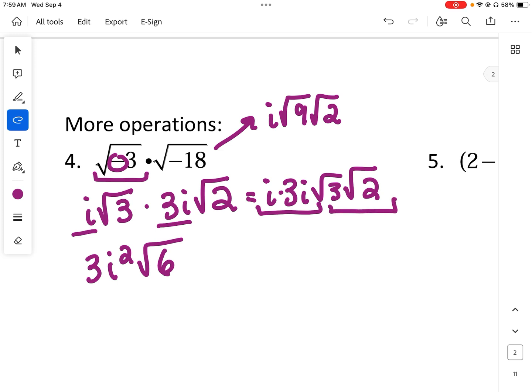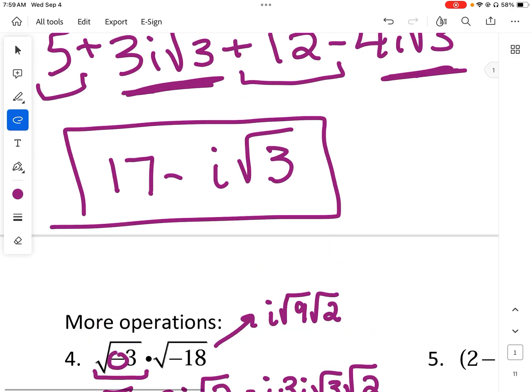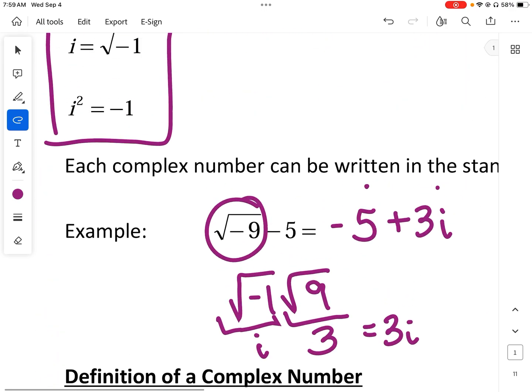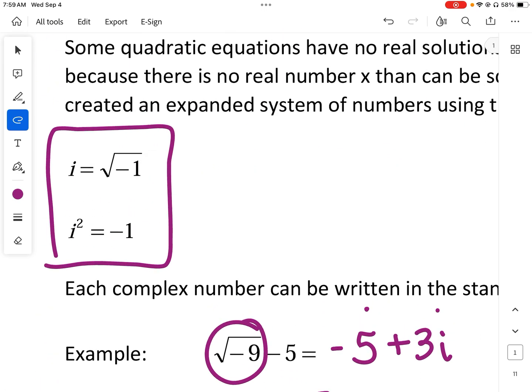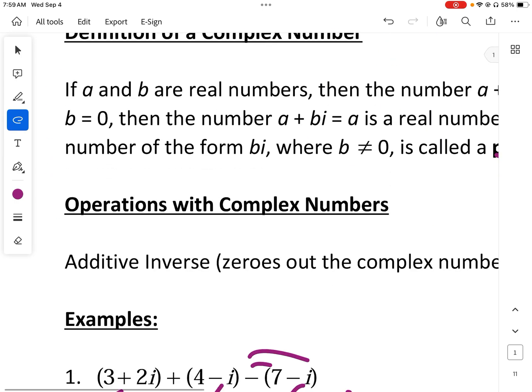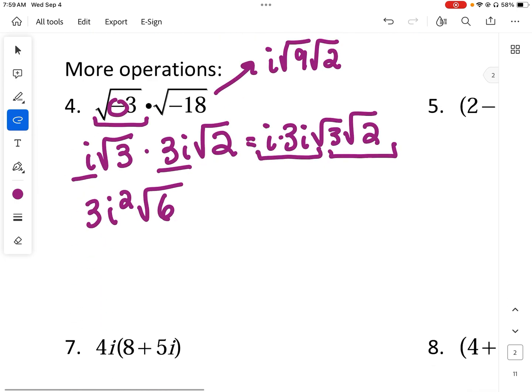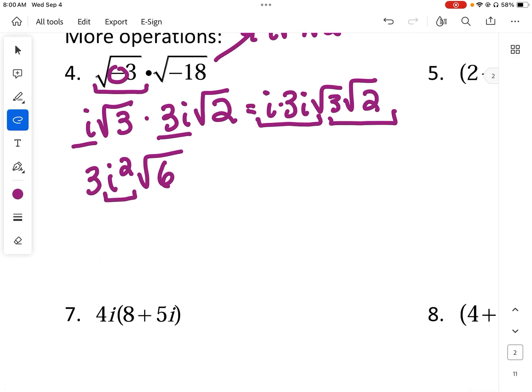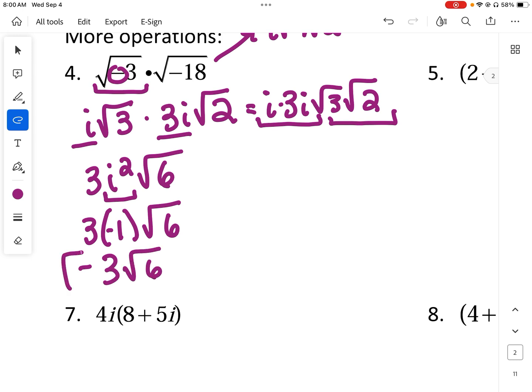Okay, remember how we wrote at the very beginning this important thing right here? i squared is negative 1. So I'm going to change this i squared that we have here into times negative 1. So 3 times negative 1 square root of 6, which would be negative 3 square root of 6. So we don't have an imaginary part anymore. We were able to simplify it out.